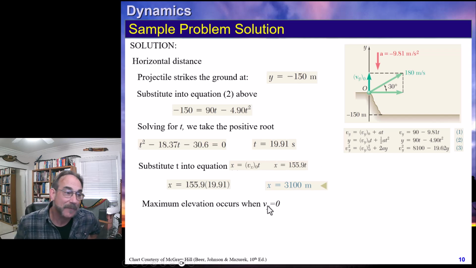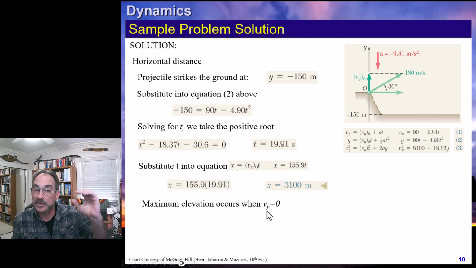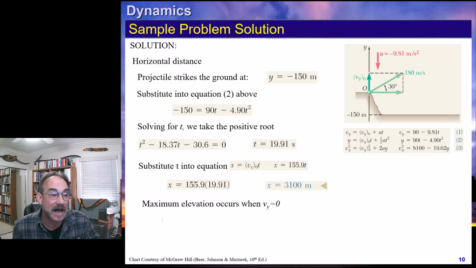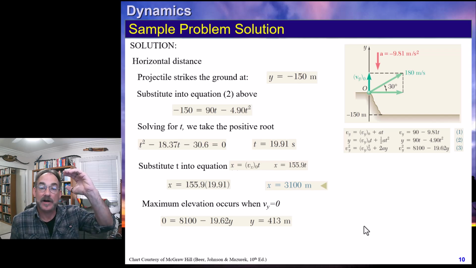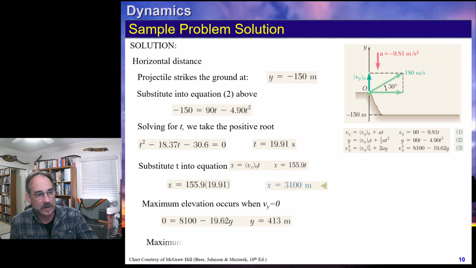Now we know that the max elevation occurs... Remember, I said we're going to have to pull these things that we know out and use them over and over again. We know the vertical velocity is going to be 0 at the top of the trajectory. So we can use that in our third equation there to calculate what position is the top of the trajectory.